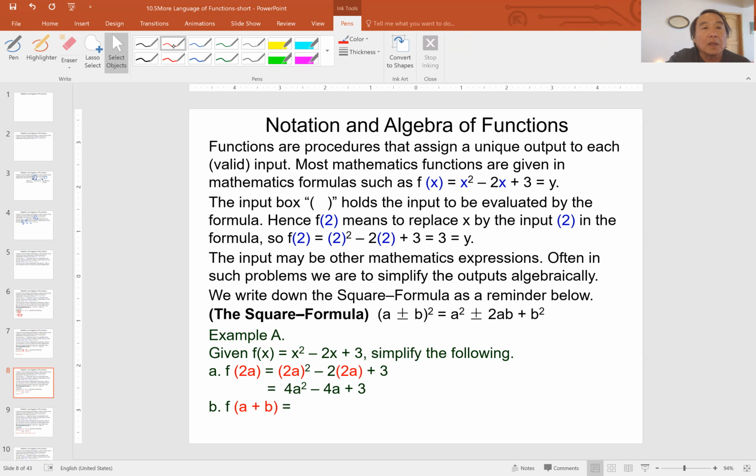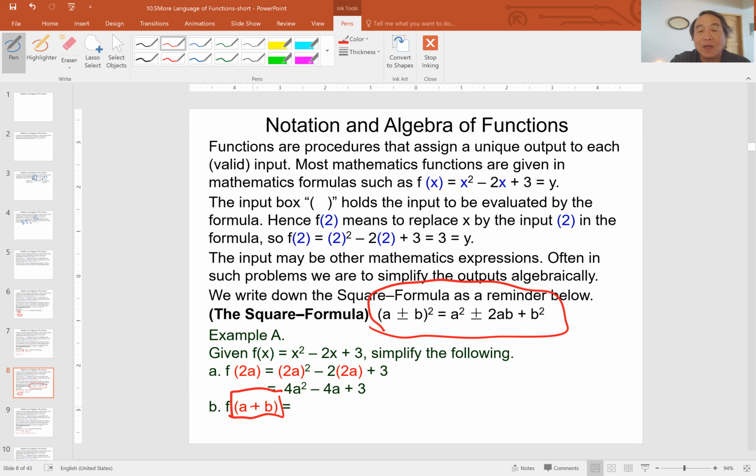Now, one input we use quite often for the square formula is an expression of 2 terms, a sum, put into a square formula. Here is a reminder: you're going to wind up using the squaring formula. Why?